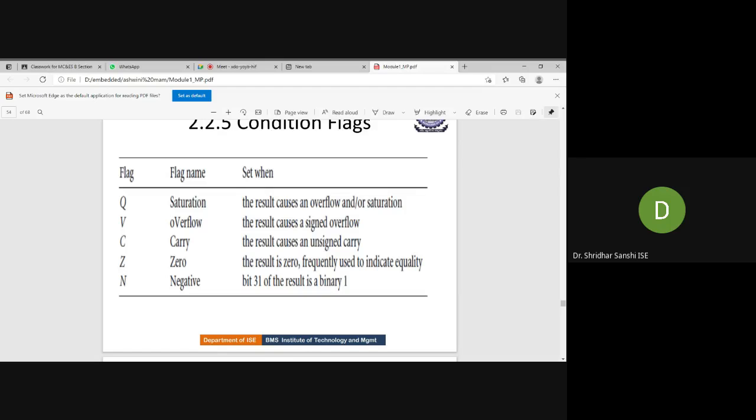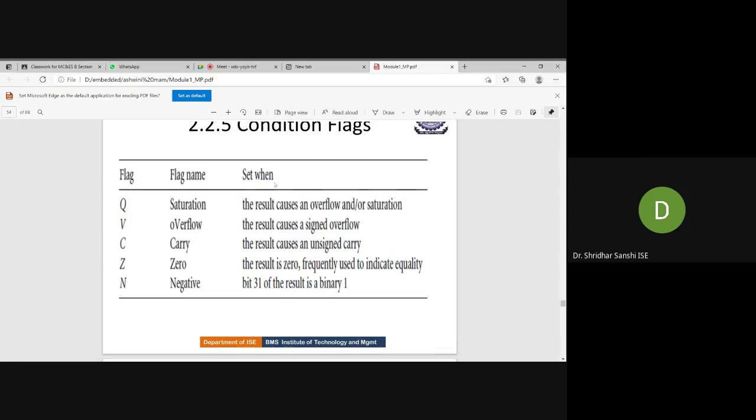I think I have told during the first or second class. These DSP instruction sets are used for enhancing the performance whenever the processor is working with voice data or sensor data. At that time, the DSP instruction sets are used to increase the performance. During those operations, this particular bit is used.